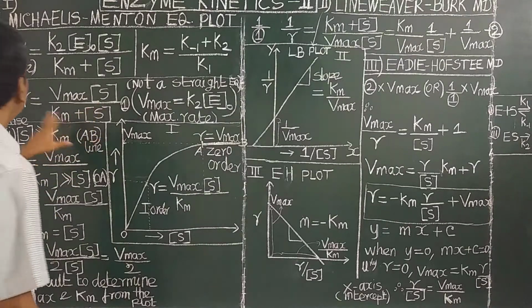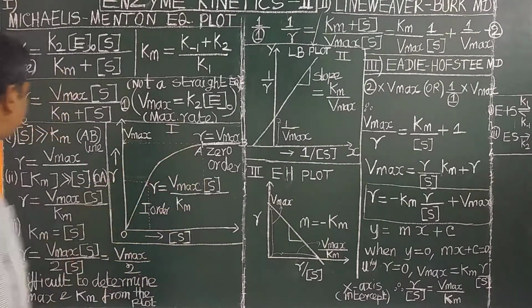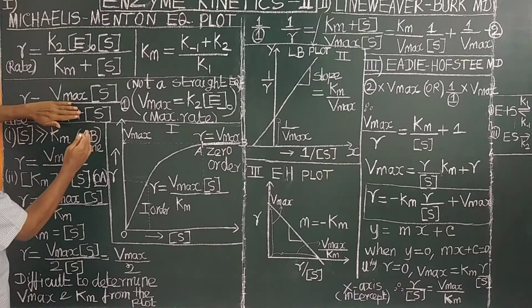Okay. Now, this is a fundamental equation. Many problems were asked, as I said. There are three cases. Let us consider one by one. When substrate concentration is very much greater than Km, then Km will be negligible.